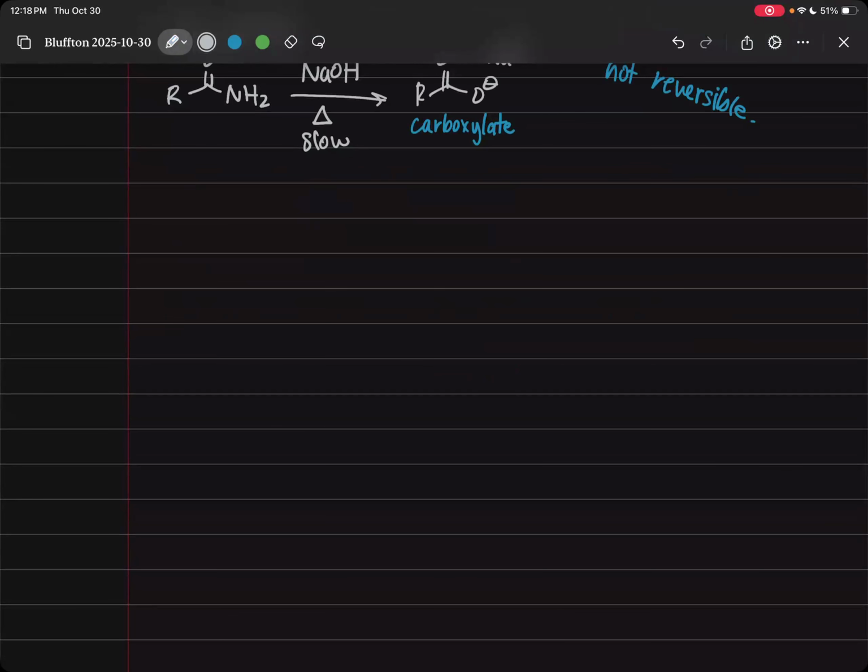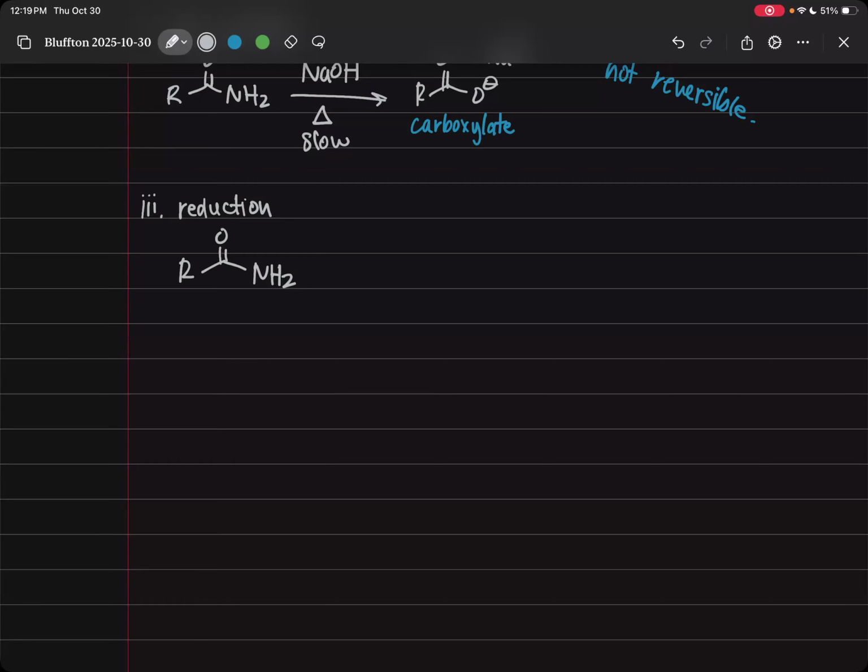Really, the only other thing you can do with amides is reduce them. And this is actually kind of useful. Last thing, I promise. This is kind of useful because we've talked about a lot of reactions that convert things into amides.